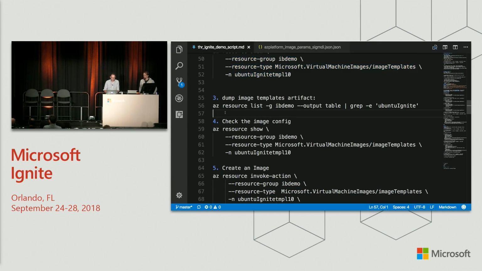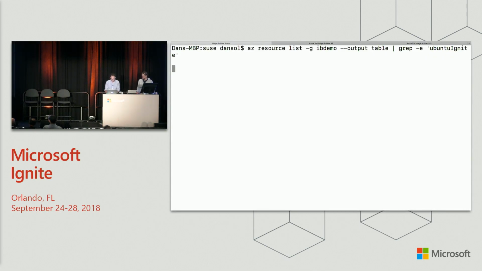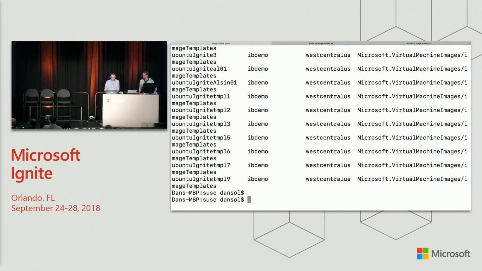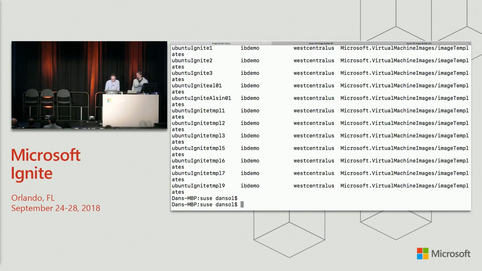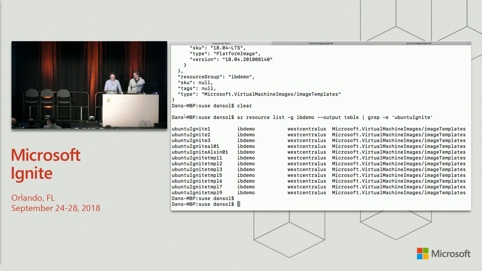So if I now look in my resource group, I can dump out the resources that I have. And what you're going to see in just a second, let's reduce that a bit, you will see a bunch of resources.